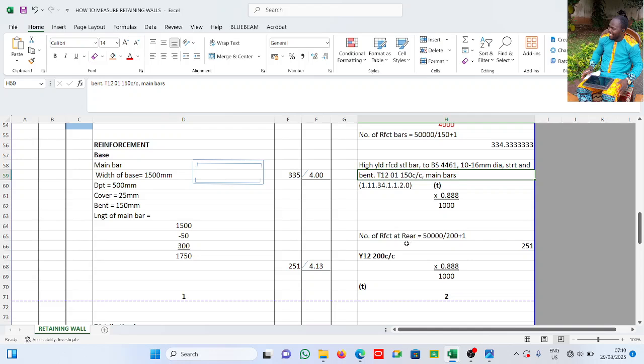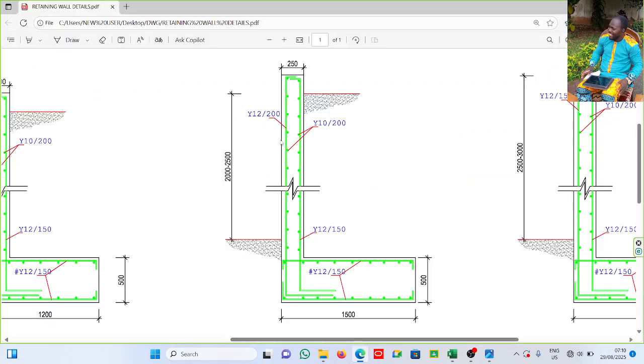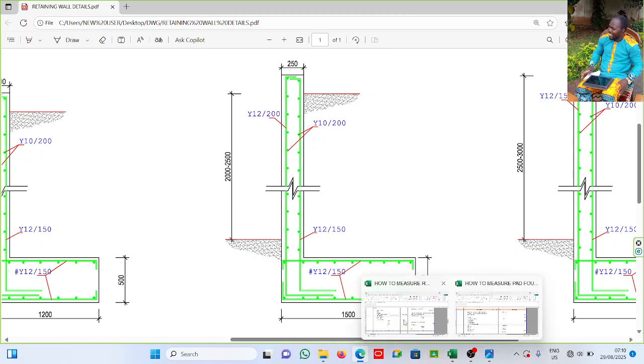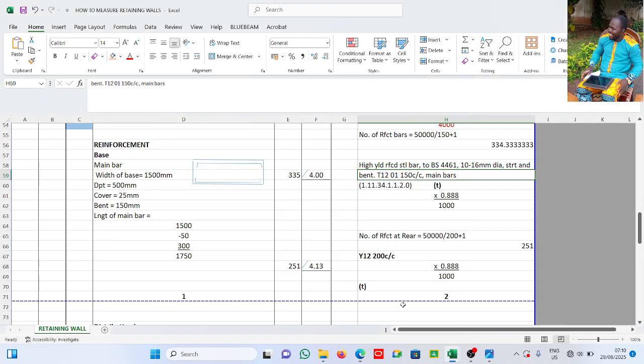All right. The next is the reinforcement at the back, which is this reinforcement, and we're told that the reinforcement is at 200 spacing. That's 200 spacing, not like this one that has a 150 spacing. You are still dealing with the main bar. This is the main bar. I've not got into the distribution bar yet. Alright, this is 50,000 divided by 200 plus 1. We'll do the same thing here. This is 4.